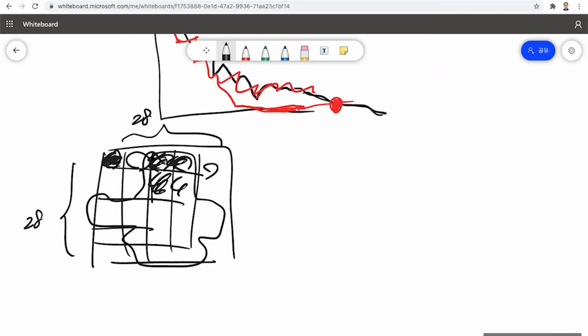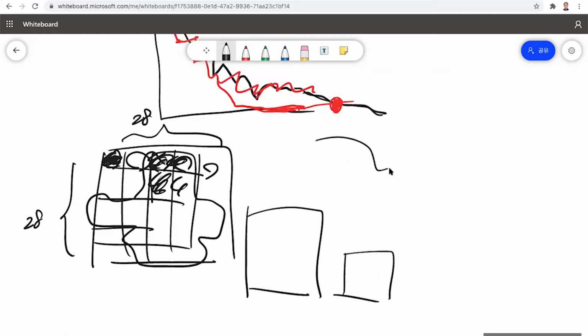This is one sample, and it has another 28 by 28 and another 28 by 28, and all together it has 60,000 images. So that's the problem setting.